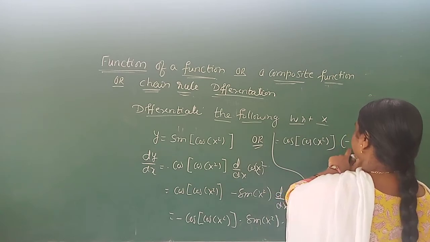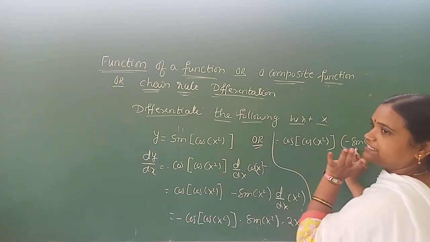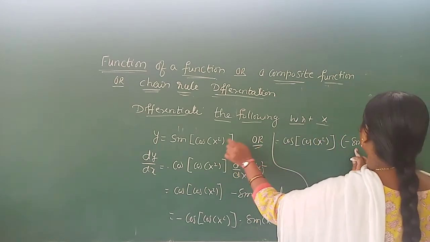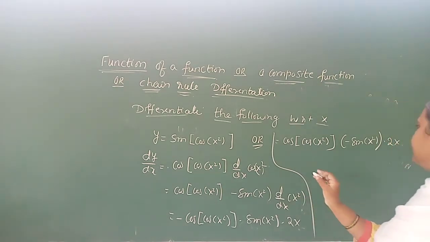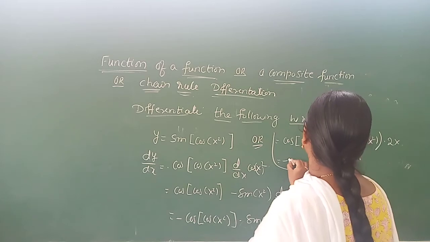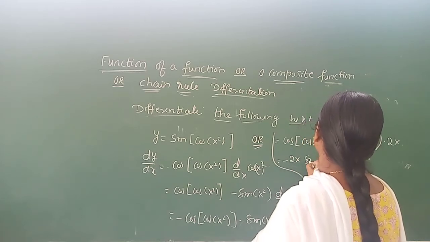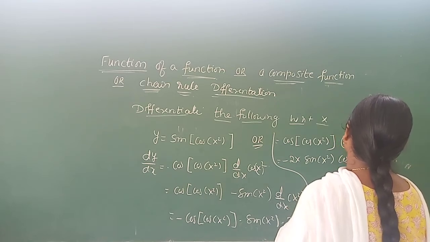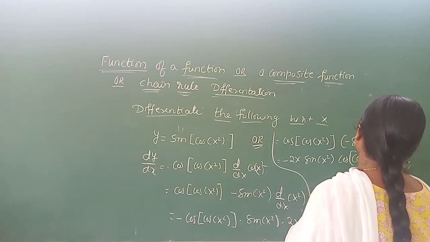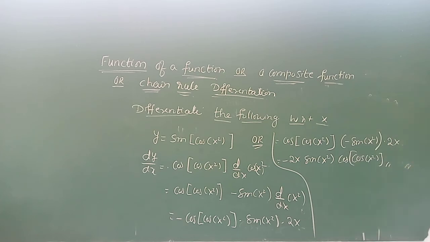Cos differential is minus sin and angle x square as it is. And next x square. X square differential is what? 2x. Therefore, we are writing as it is, means it is minus 2x sin of x square cos of x square. This is the answer. Within 2 steps we can write directly instead of doing this lengthy process.